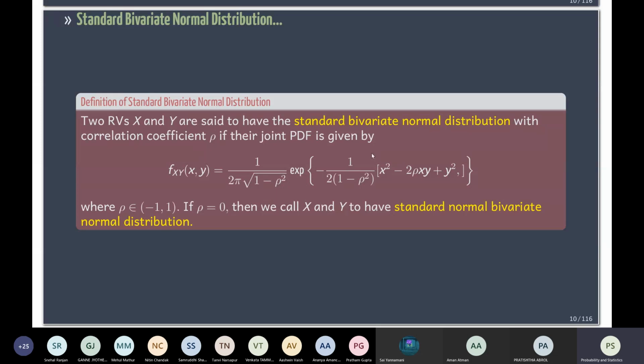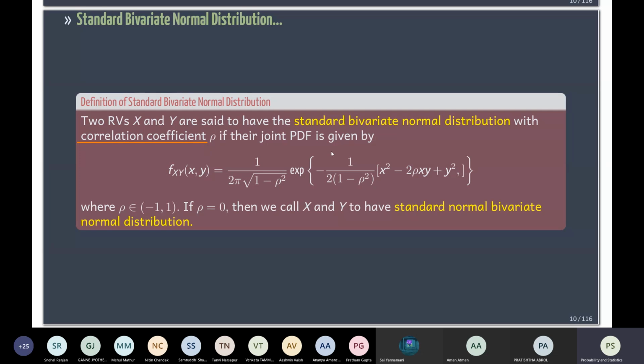I have a typo here. Sorry, one second. If rho is 0, we just don't say this additional term.